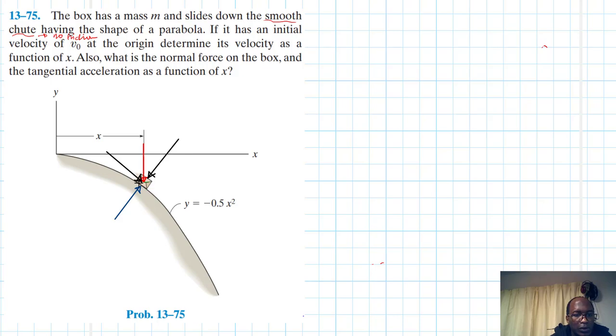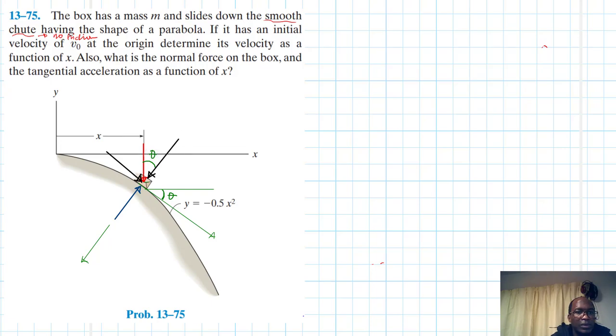This here is the tangential coordinate, and we have another coordinate that I'm going to call the normal coordinate or axis. So the angle that we are interested in is this one here. This is theta. So if this is theta, this becomes 90 minus theta, then this becomes theta, so that is the same angle here.